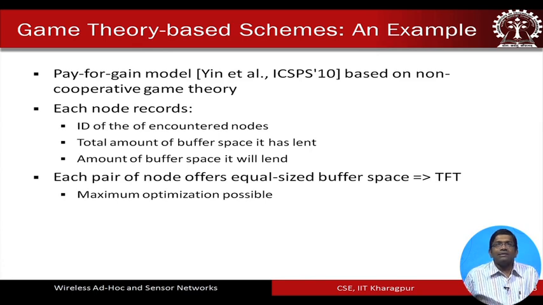In the game theory based approaches, there are different types of game theory based approaches. One is cooperative game theory, the other one is non cooperative game theory. In a game, basically there are two or more players, so two or more nodes, let us say. Some kind of a game like scenario is formed. The nodes, the actors, have different strategies, and based on the strategies the payoffs are updated.